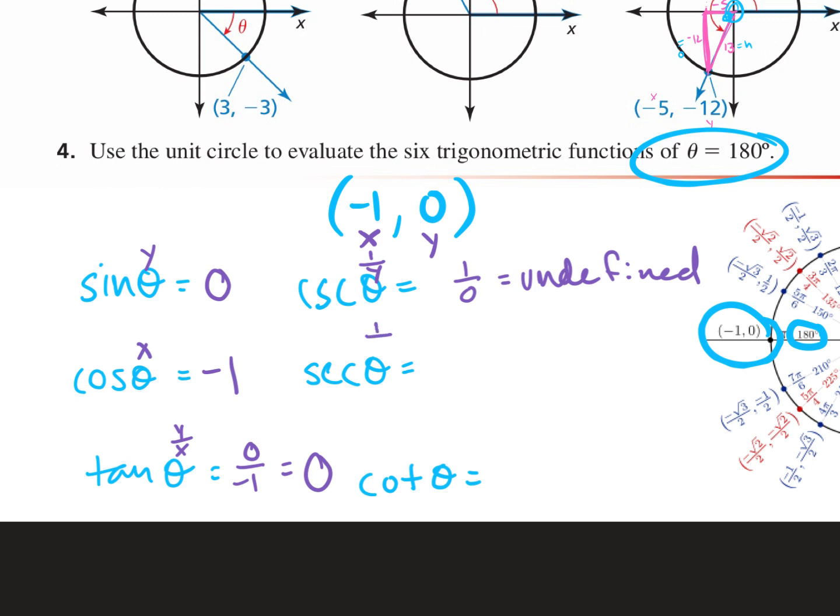Secant would be 1 over x. So that would be 1 over negative 1, which simplifies to negative 1. And cotangent would be what over what? Awesome. X over y, which would be negative 1 over 0. Can I have 0 in the denominator? This would be undefined. Awesome. So these are our 6 trig functions.